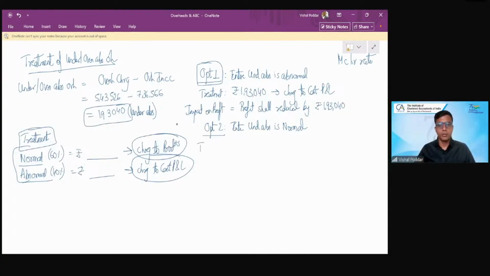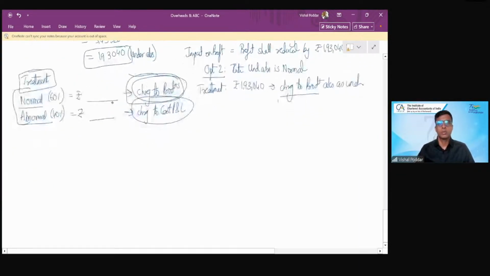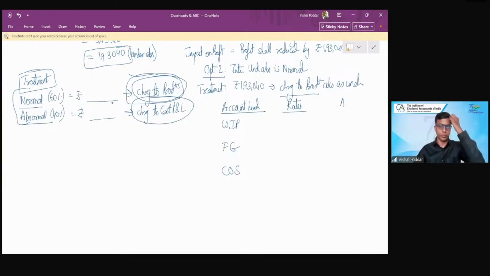Right? Similarly, what will be the treatment in this second method or second option? Rupees 193040, the entire amount of under absorption, will be charged to product accounts. When I say charge to product, it has to be charged to the product accounts. What are the product accounts? I have account heads WIP, FG, COS. Now I have to charge to these account heads in a ratio. What is this ratio?